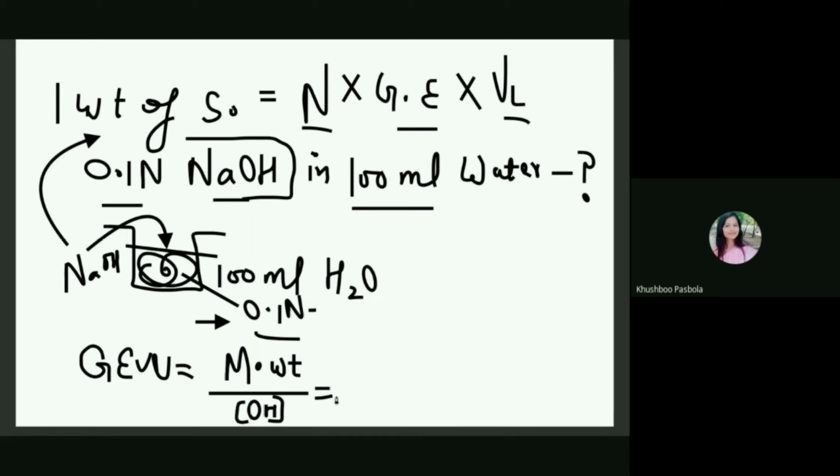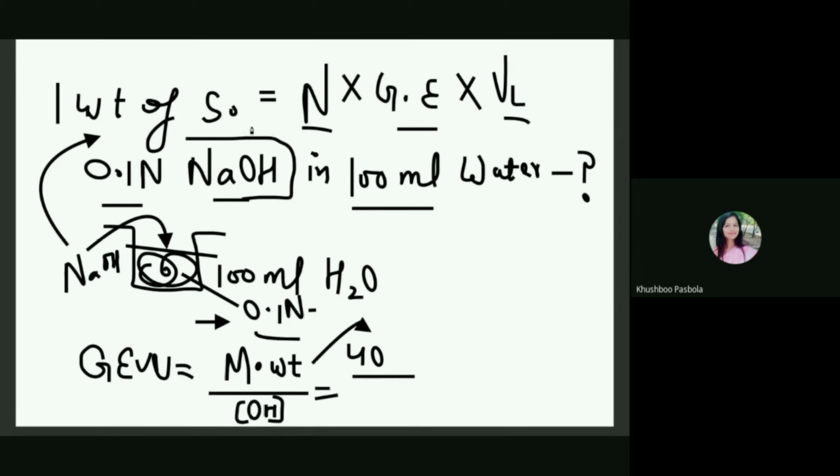So what is the molecular weight for NaOH? The molecular weight of NaOH is 40. In another separate video, I'll explain how you can calculate this molecular weight. So 40 divided by, how many OH ions can you see in this formula?